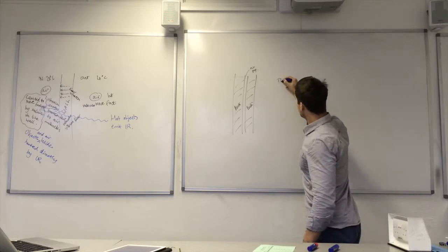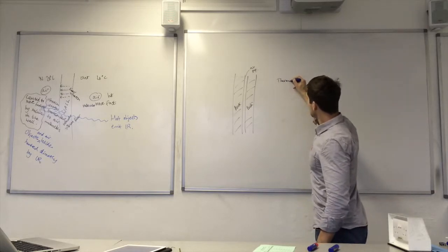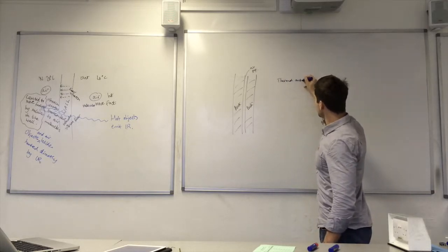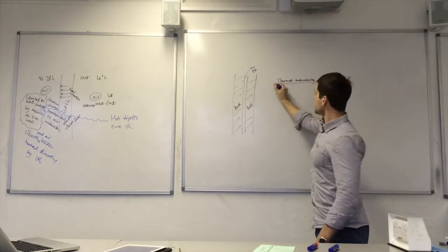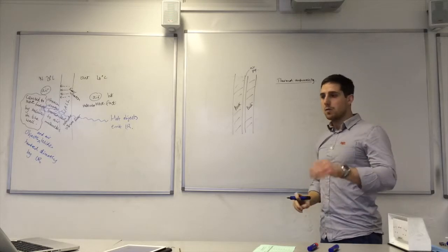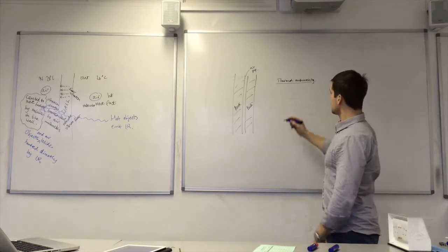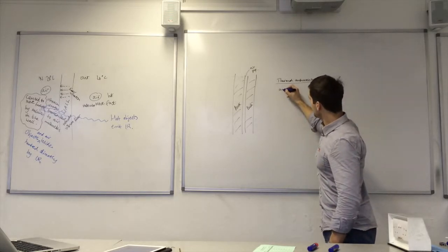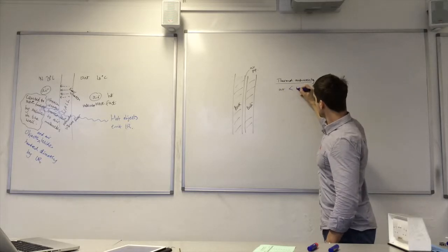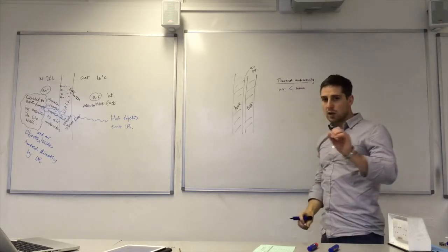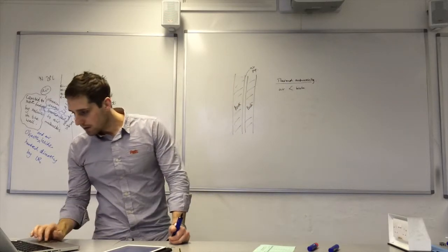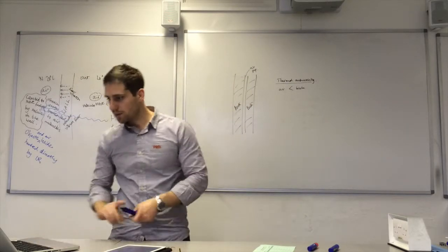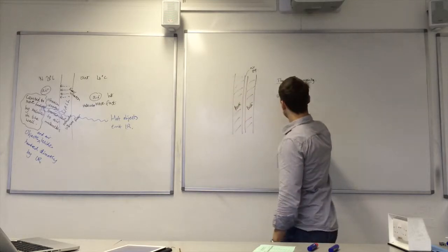Firstly, we can look at things from the thermal conductivity point of view. Air has a lower thermal conductivity value than brick. Thermal conductivity values tell you how good a material is at conducting. Let's get the thermal conductivity value for air, 0.023.